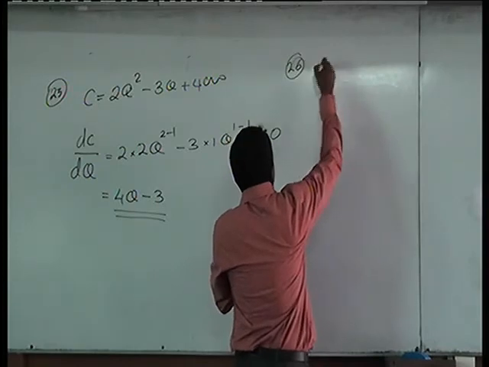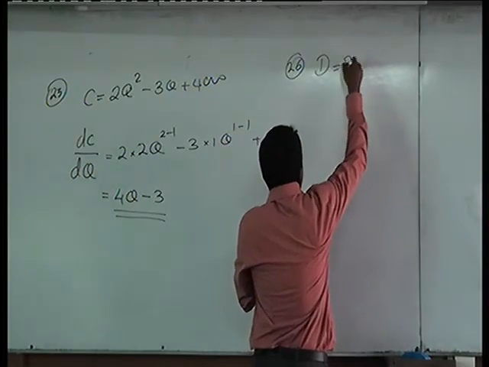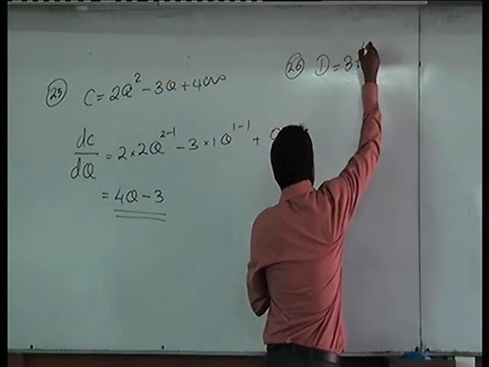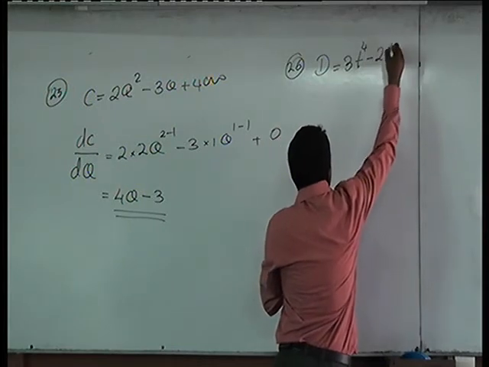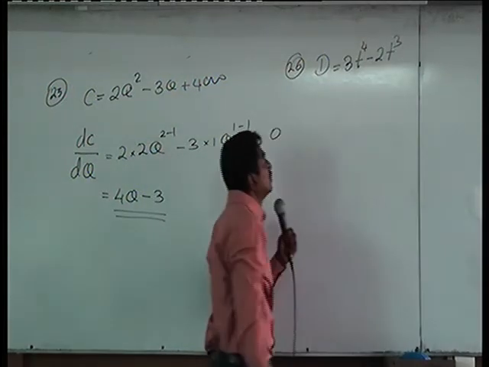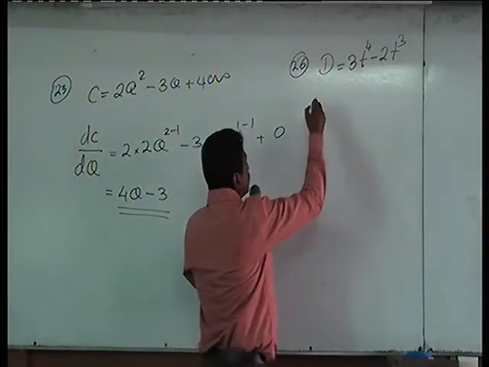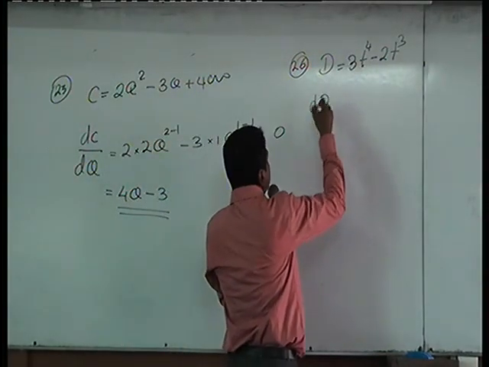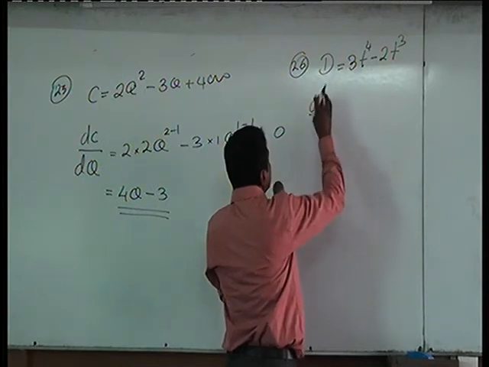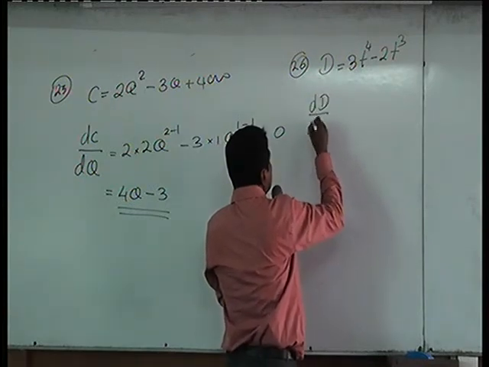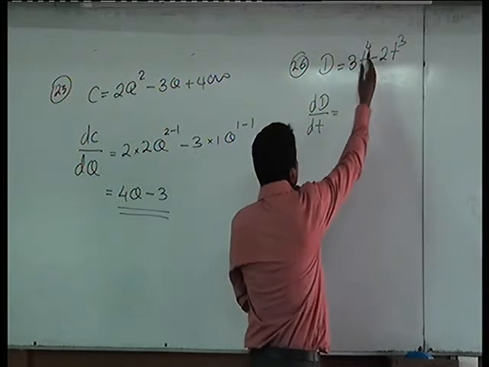(26). Distance is equal to 3t^4 minus 2t^3. Distance and time. So here we have dD by dt equal to 3 into 4.